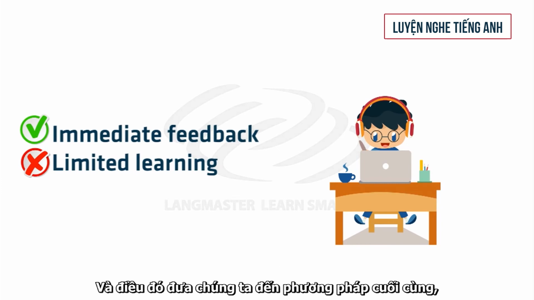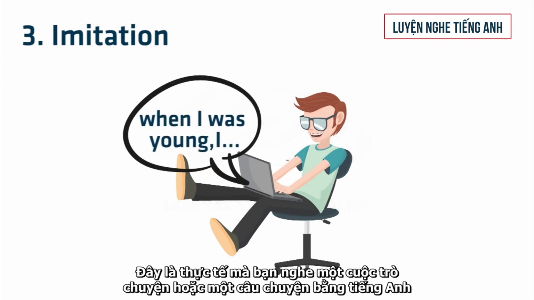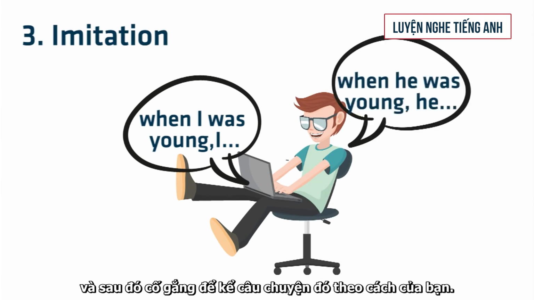And that brings us to the last method, which is called imitation. This is the practice where you listen to a conversation or a story in English and then try to tell that story in your own words.